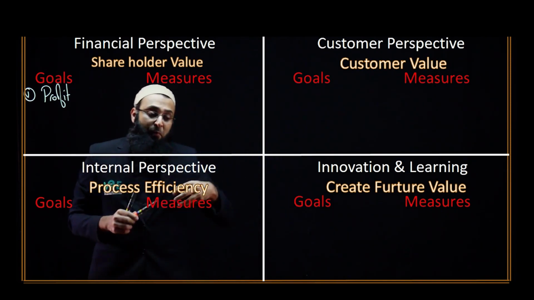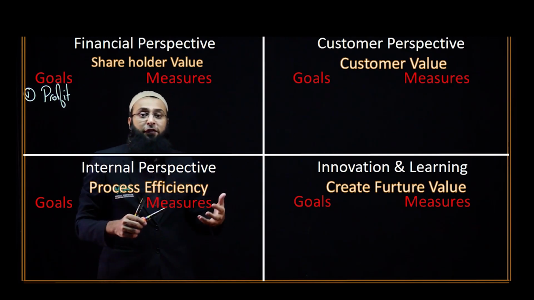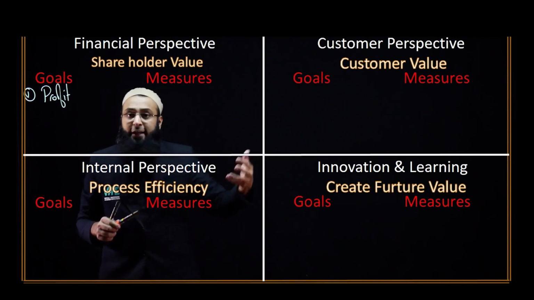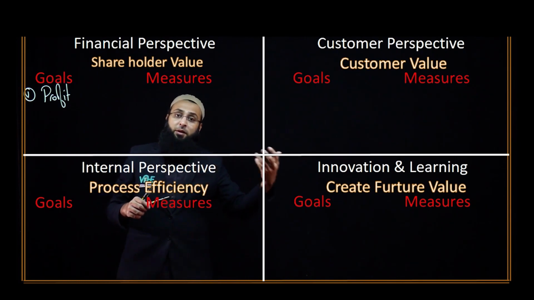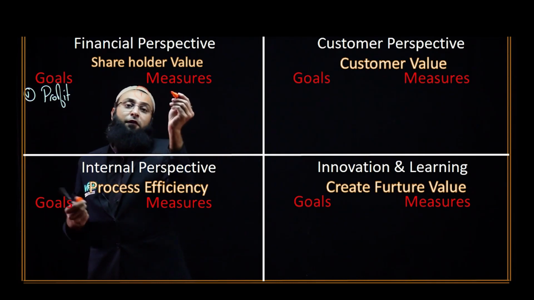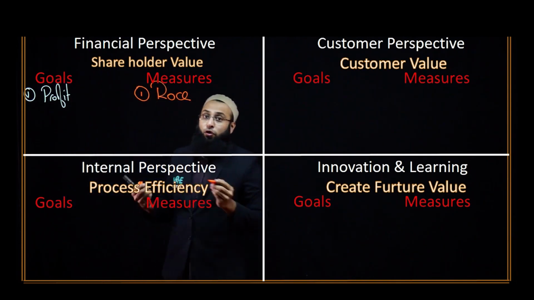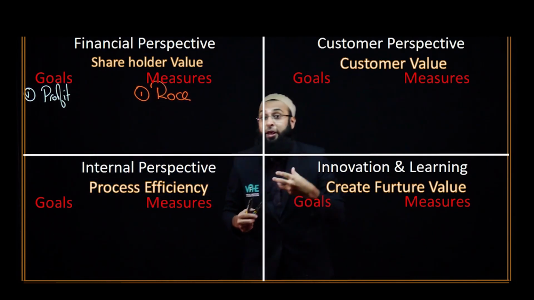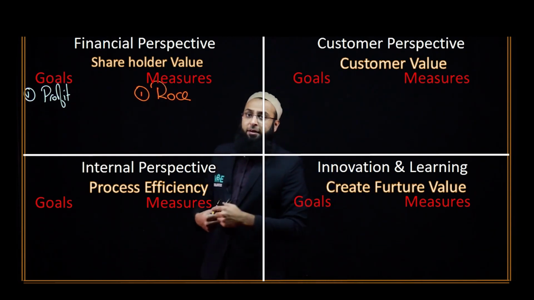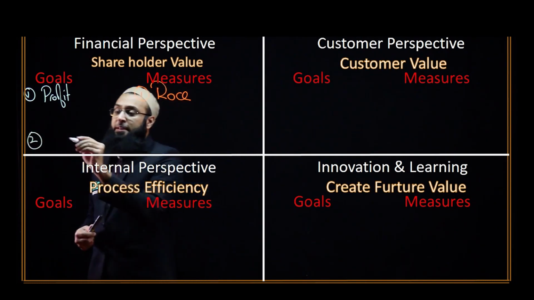So what measures can we think of in order to achieve the profit goal, that we require to check whether profit achievement is being done or not? So the measures can be, for example, return on capital employed. So ROCE will check whether the goal of profit is being achieved or not. Second goal can be survival of the business.